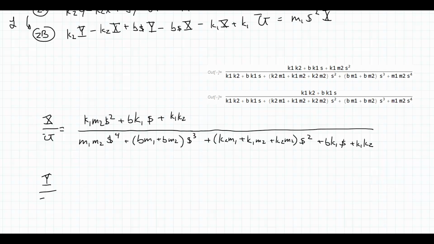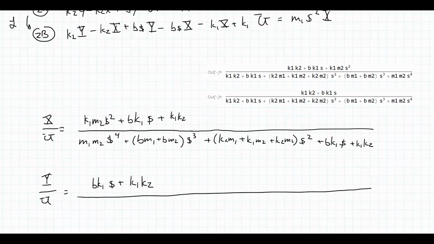And I have y over u. So the numerator is the only thing different, in descending order now, b k1 s plus k1 k2 over that same denominator, m1 m2 s to the fourth plus b m1 plus b m2 s cubed.